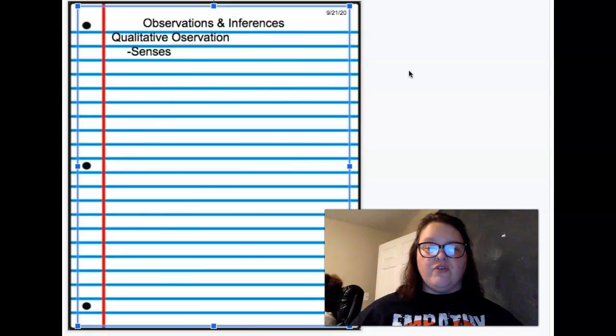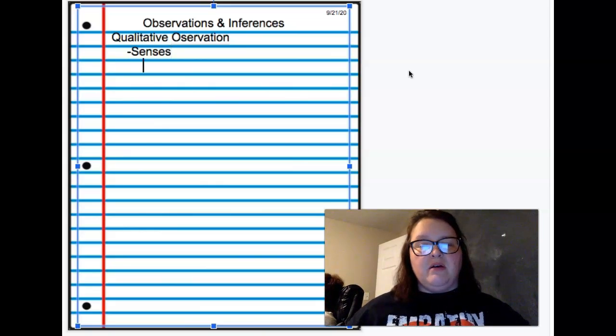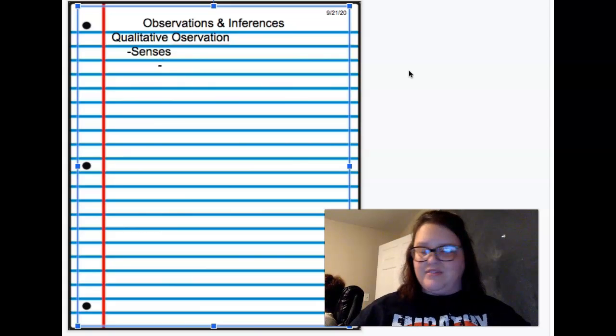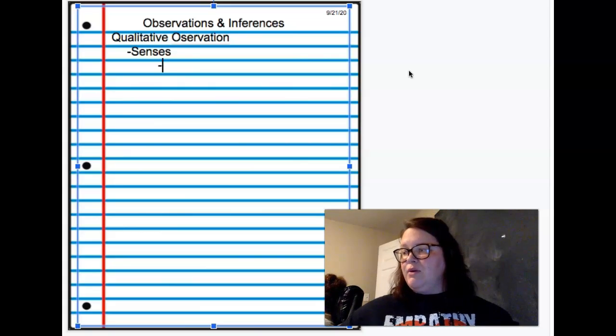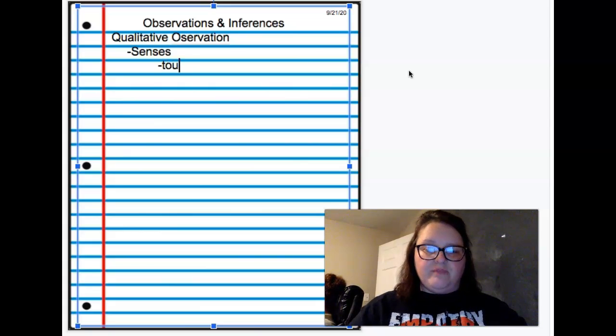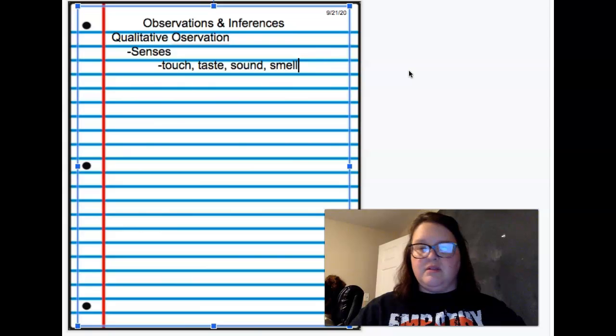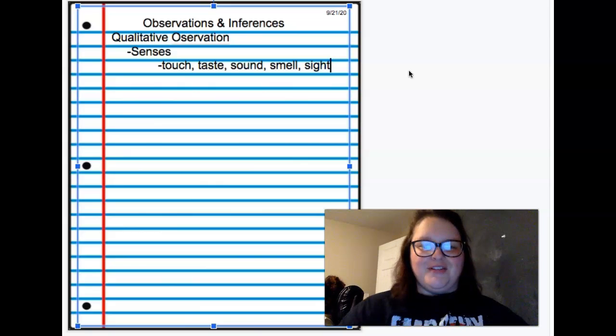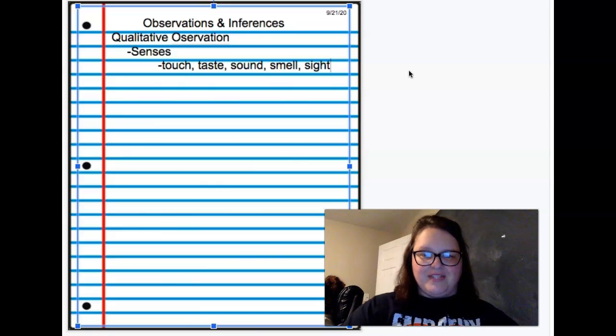And so we don't forget, we should probably name out our 5 senses. So when we name those out, we end up with touch, taste, sound, smell, and I'm missing one. Oh, sight. So those are our 5 senses.